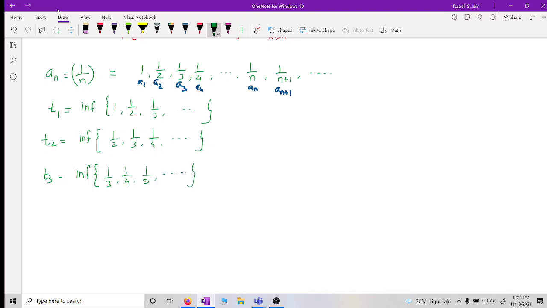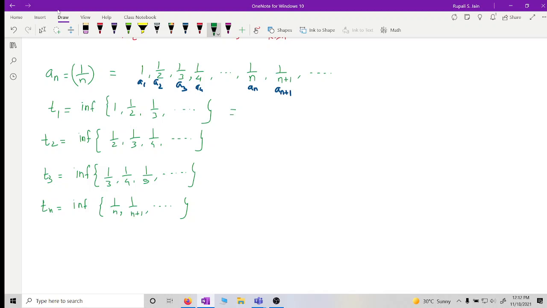So depending on t_1, t_2, t_3, we eliminate the first few terms and consider the tail of the sequence. So small t_n is nothing but the infimum of 1 by n, 1 by n plus 1 and so on.